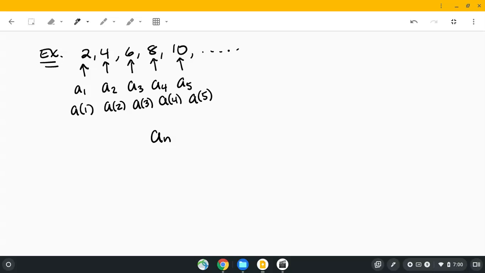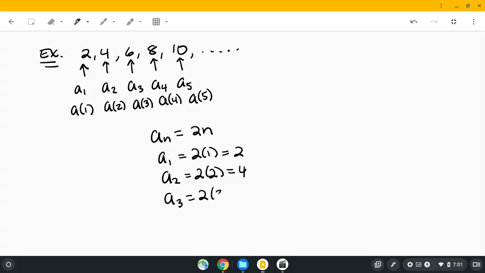We can see that to get the terms, we do 2 times n. If I plug in 1, 2 times 1, I get 2, which is our first term. If I plug in 2, I get 2 times 2, which is 4, the second term. If I plug in 3, 2 times 3, I get 6. And if I plug in 4, I get 8.